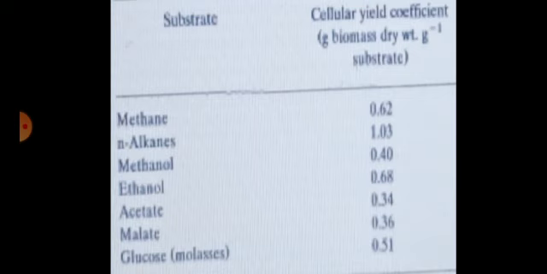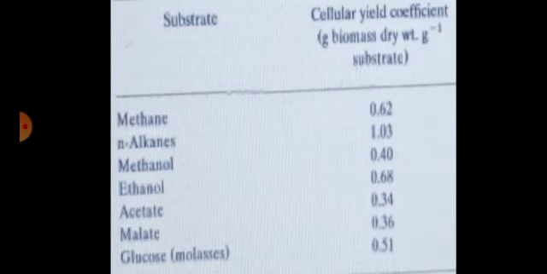So you can see 0.34 is the lowest, that is acetate. You know, acetate is one of the smallest, it is 1/3 the size of glucose. So naturally it will give very little yield, 0.34. Glucose, you can see 0.51. That means 0.5 grams of biomass you will get per gram of glucose.